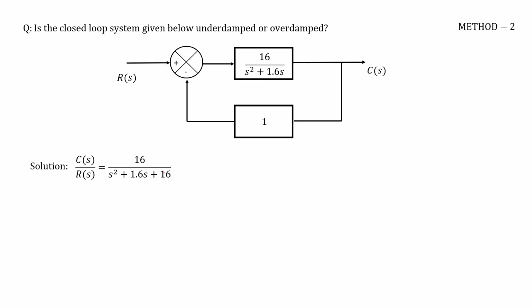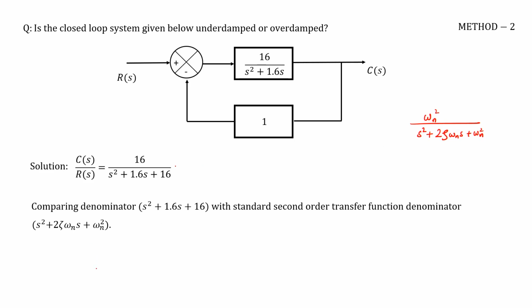The second method is to just find the zeta value. This is a standard transfer function, because the standard transfer function for a second order system was this, so I can directly compare the two. If you compare, you get omega n square equal to 16, which means omega n is 4 radian per second. Remember the unit is radian per second because omega n is a frequency.